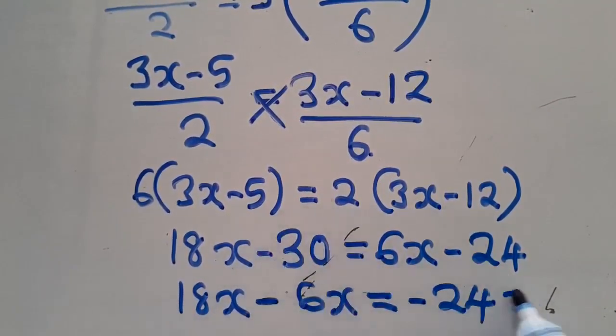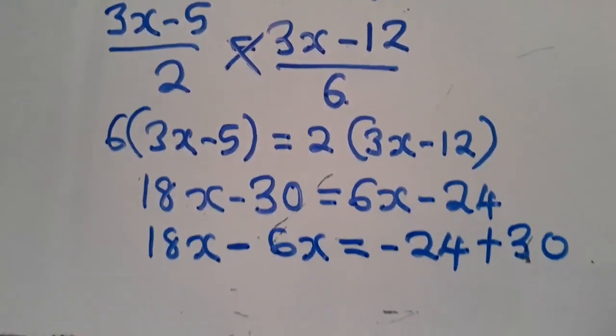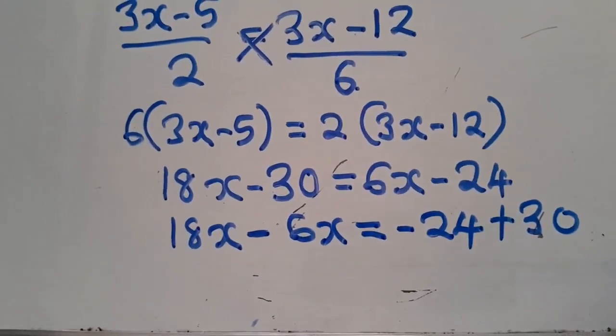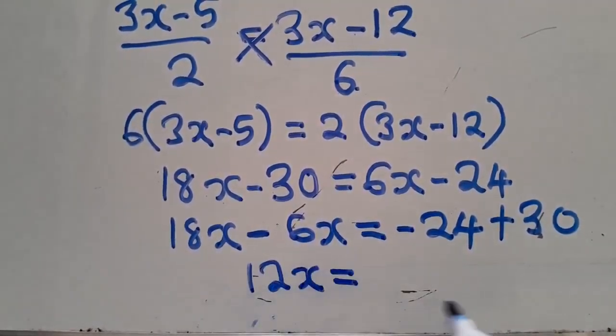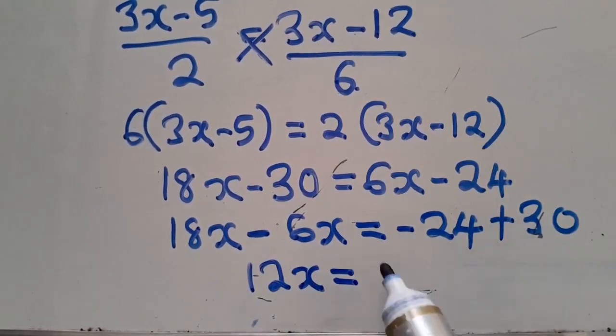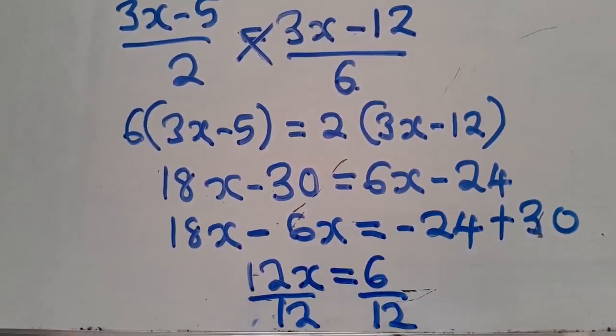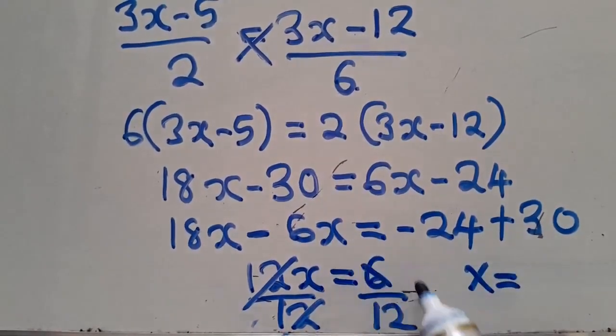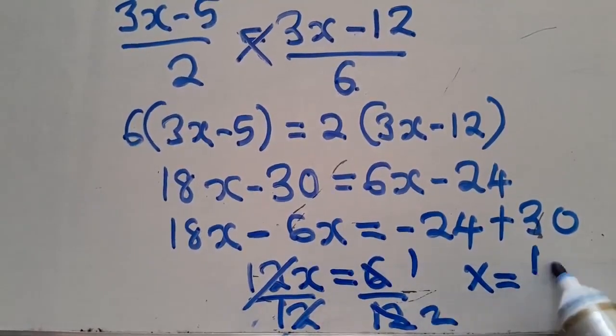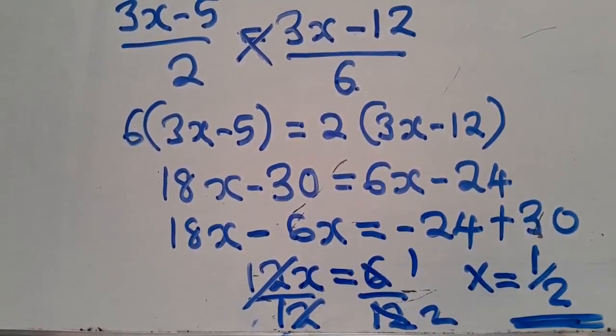When it comes this side, becomes positive 30, like this. So the answer we are going to get, this minus that, what's the answer there? We are going to get a 12x, which is equal to, here what's the answer? The answer there is 6 over 12. 12 cancelled, remain with x is equal to 6 there 1, 6 there 2, 1 over 2. Still finding the same answer.